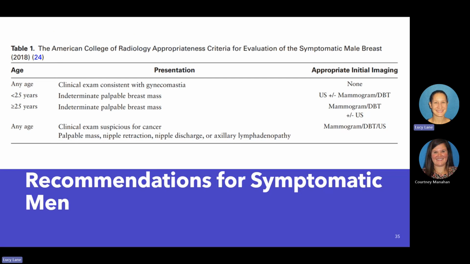Right now, the ACR recommends evaluation in the symptomatic male breast. So basically, we'll do diagnostic imaging anytime. If you're less than 25, then we start with ultrasound. If you're greater than 25, then we'll generally start with a mammogram and then go on to ultrasound, just because it's so helpful for gynecomastia.